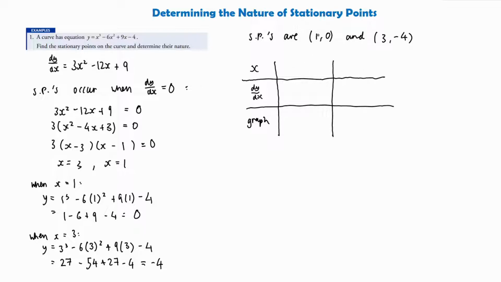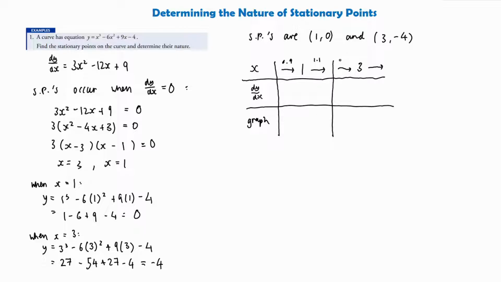The first point we want to look at is when x is 1, and the second one is when x is 3. Also we want to look at as it approaches 1 and goes away from 1, and as it approaches 3 and goes away from 3. For the values before 1, we'll use 0.9, very close to 1, and just after 1 we'll look at 1.1.